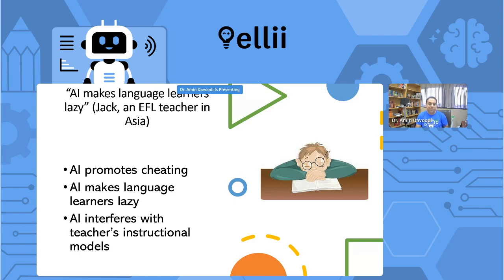So, "AI makes language learners lazy." That's from Jack, an EFL teacher in Asia. What does it mean that AI makes language learners lazy? Well, you may create an assignment and ask your students to work on it. They may go ahead and ask ChatGPT to do it for them. So they become lazy. Well, that also in a way promotes cheating, yeah?